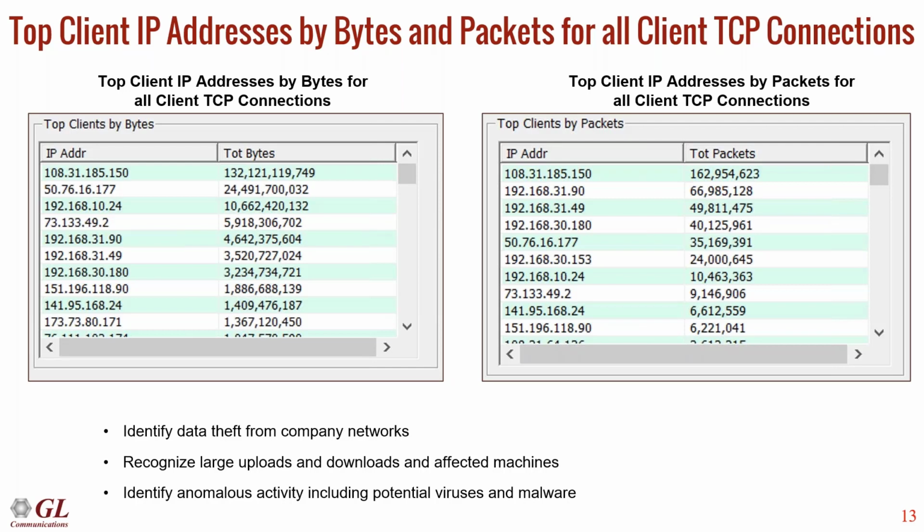Apart from that, if there is any malware in the network, or if there are viruses flooding the network by sending requests for client connections, we can easily identify which particular IP address is causing those, whether it is a potential virus or malware, or whether it is an actual machine from the network.